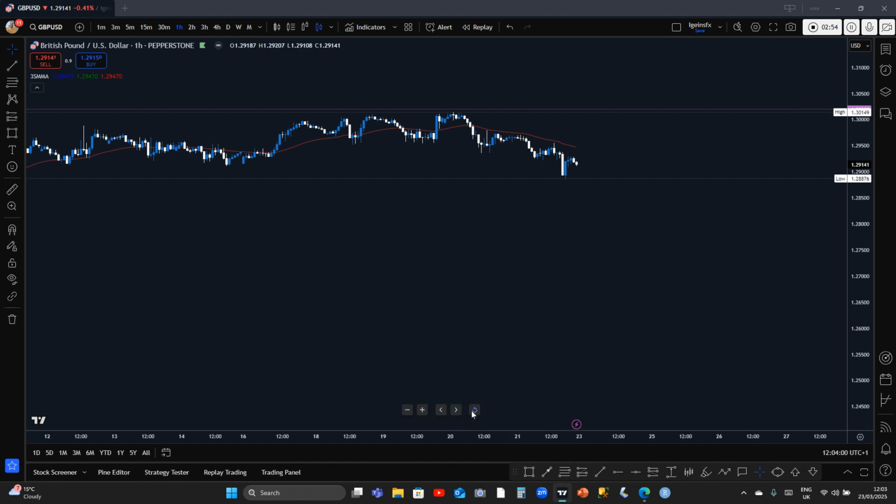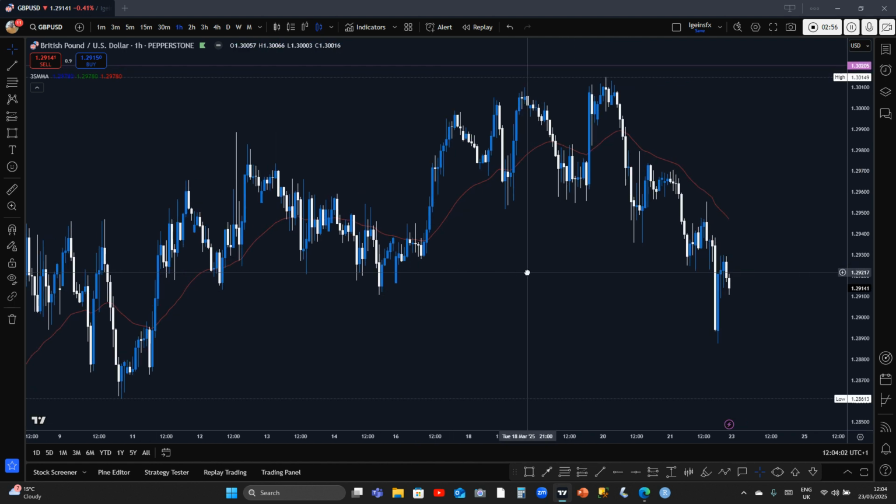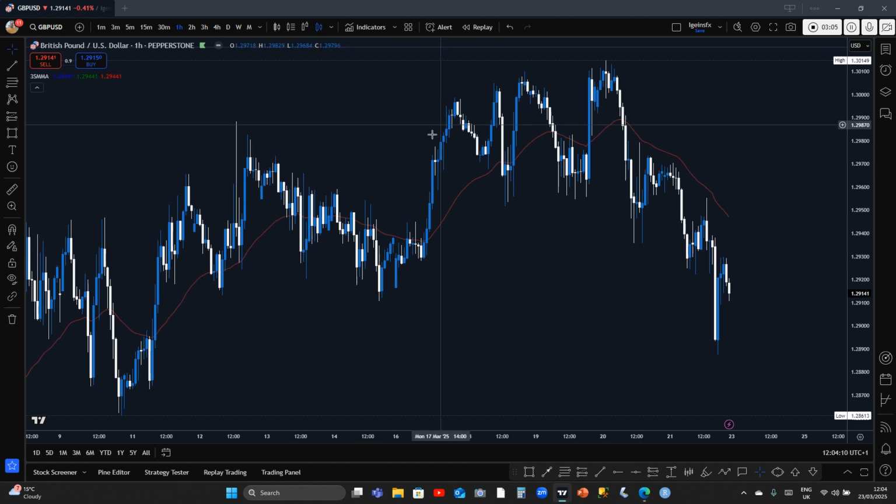Okay, you discover that price has since changed character. All right, why do we say price has changed character? Price has changed character when the last break of structure has been violated. That means price has changed character.